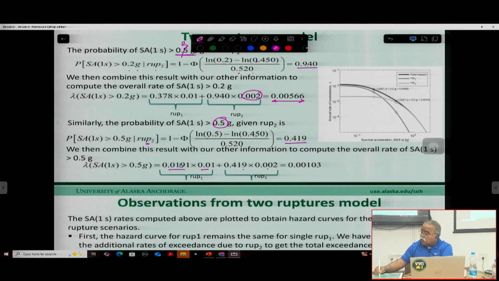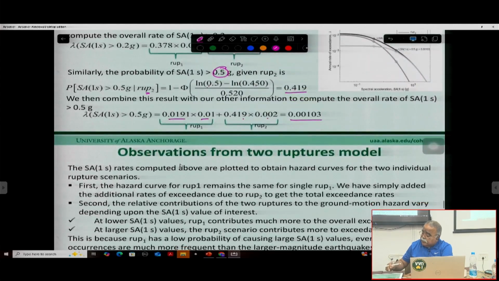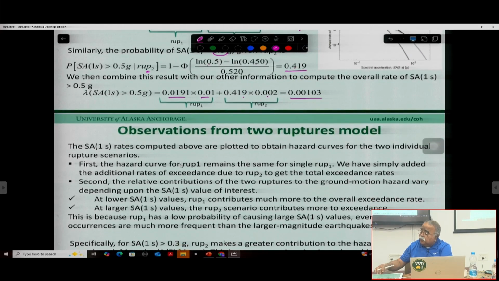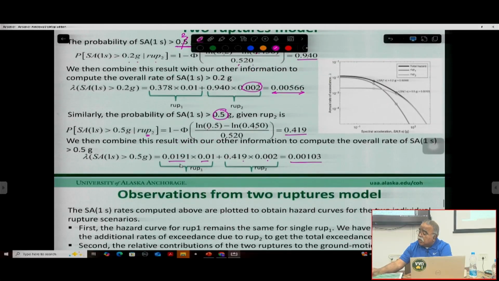If you calculate, this will be equal to 0.00103, right? That's your lambda of this one. If you can see these two curves, this is for rupture 1, this is your rupture 2, and then this is your rupture 1, right?